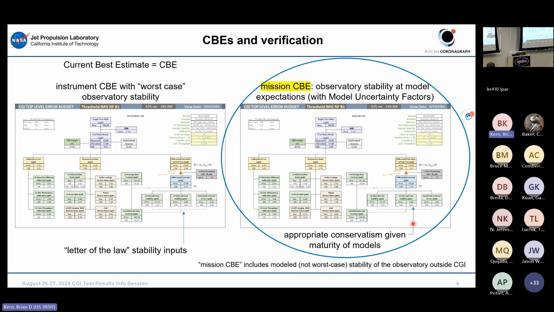But we can use the exact same machinery to say, separate from the letter of the law that we have to do that well, we can just turn the crank on the same numbers for what the observatory modeling expects that stability to be.